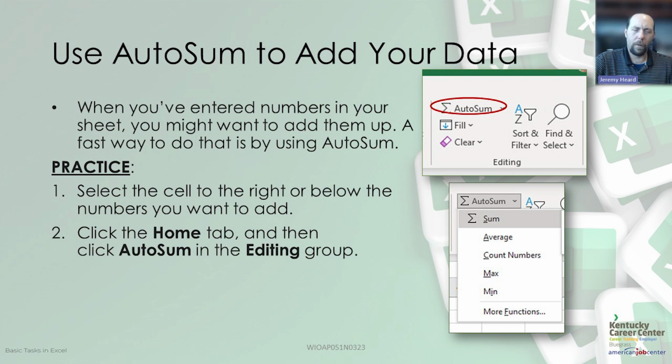If you click the drop-down arrow on that, you'll see the different kinds of calculations you can do. Some of those are sum, average, count, minimum, and maximum, which actually shows you the highest and lowest numbers within the range. Or you can select the more functions and choose one of your own. Once you've selected those, you just hit enter and it'll display the results.